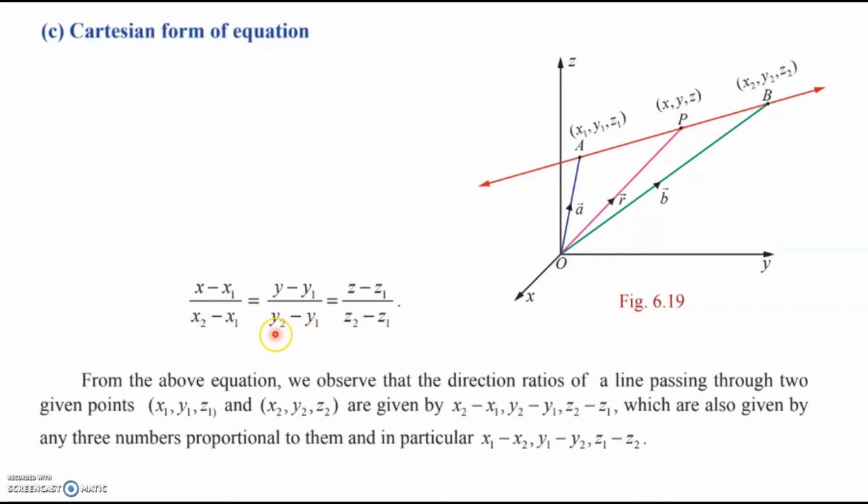These are our direction ratios, and they are proportional to our direction cosines. If you change it and make it x1 minus x2, y1 minus y2, z1 minus z2, they are still proportional. They are still our direction ratios.